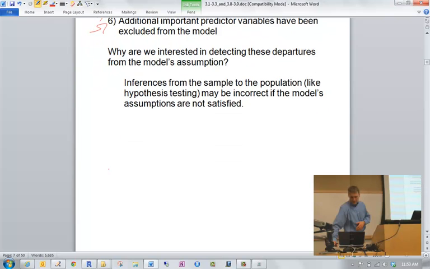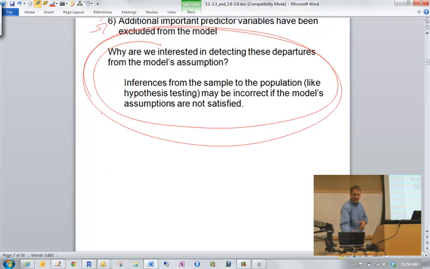The whole reason we're interested in examining our model and the corresponding assumptions behind it is that if our assumptions are incorrect, we might as well just throw out what we're doing. Put it in more statistical terms: when we do a hypothesis test, we state a type 1 error rate, such as 5%.